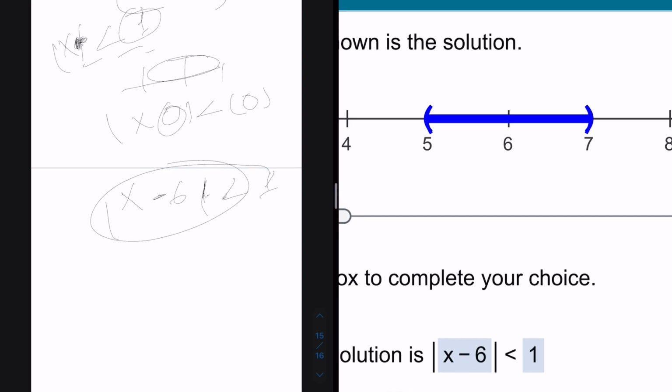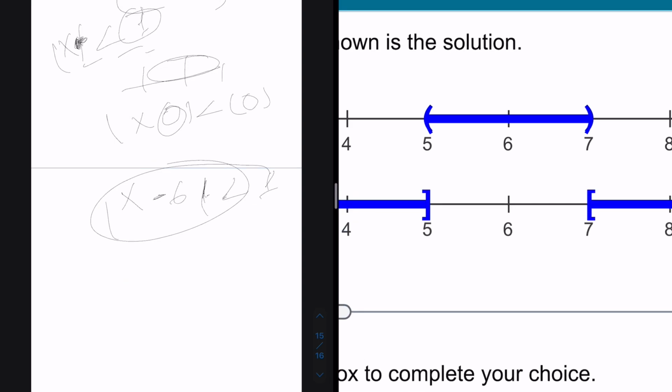And for the second inequality, the absolute value has to be greater than some number, right? Right or wrong? Absolutely right.